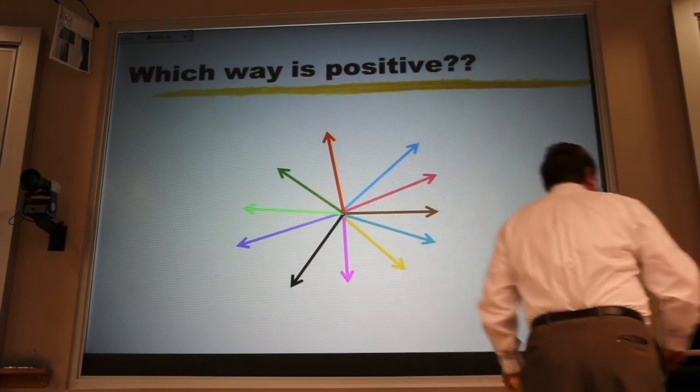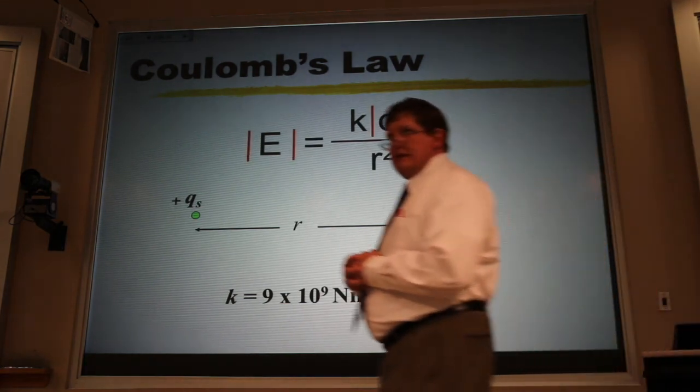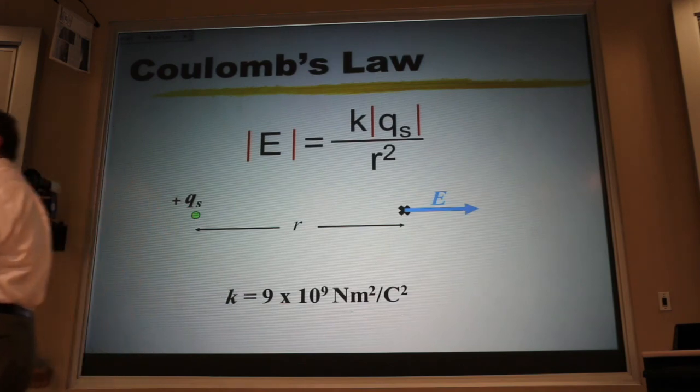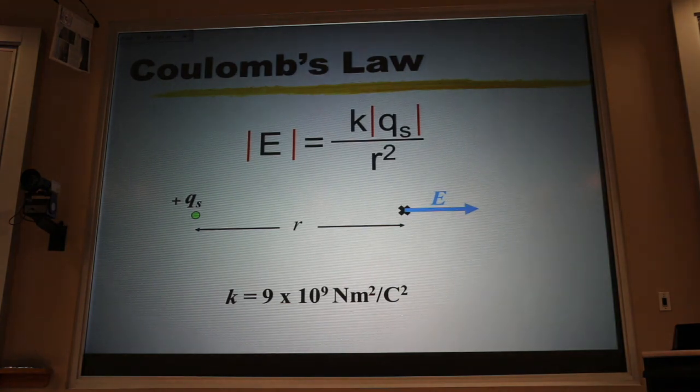So what we do instead is when we use Coulomb's law, we use it to find the magnitude, the strength of the electric field. How big is it? Always a positive number. Always. We never put in the sign of the charge into this formula because we're only looking for the strength.